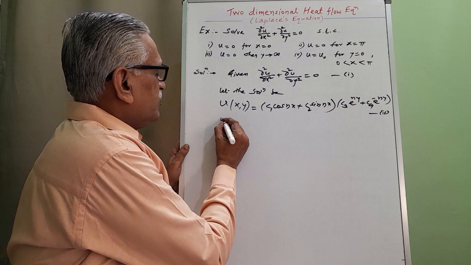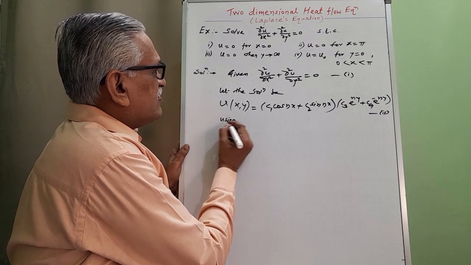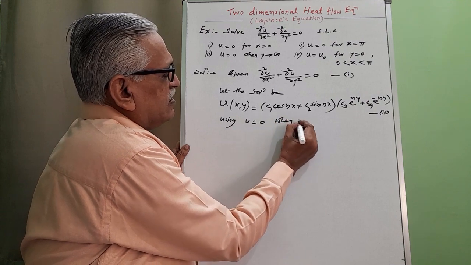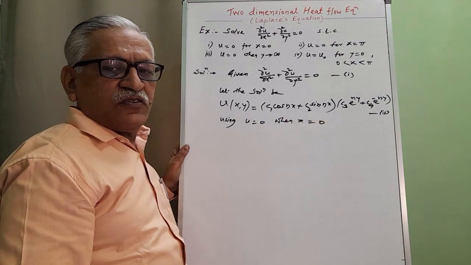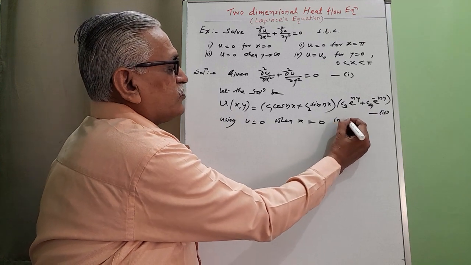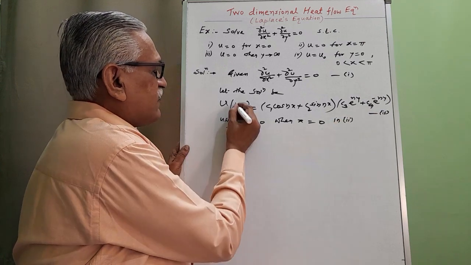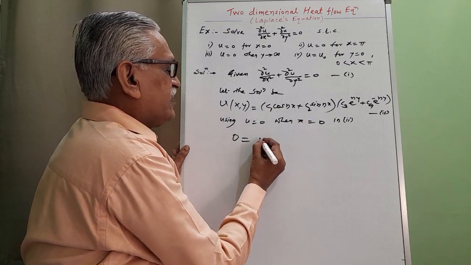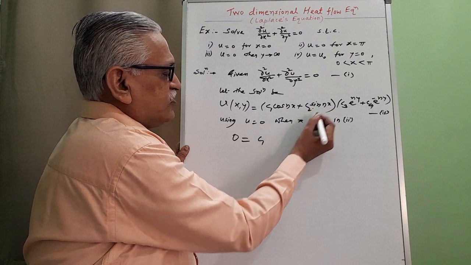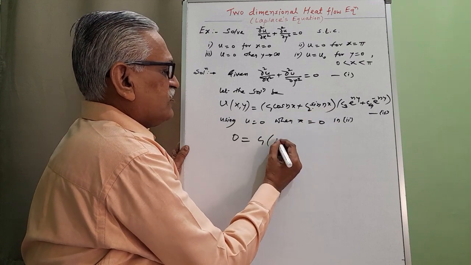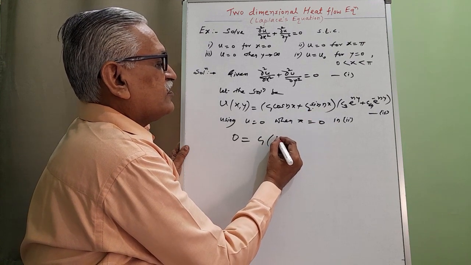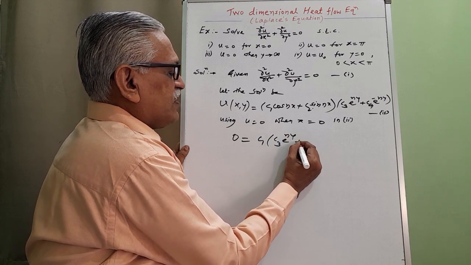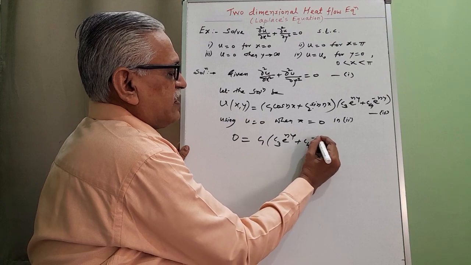Then, using the boundary condition u = 0 when x = 0, in equation 2, we get the left hand side as 0, and the right hand side is cos 0 is 1, therefore we get c1, sin 0 is 0, therefore that term becomes 0, times (c3 e^(ny) + c4 e^(−ny)).